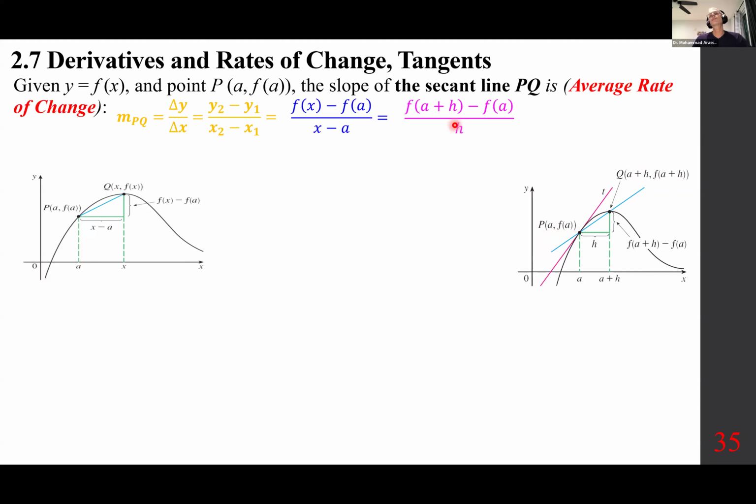These two are normally referred to as the difference quotient. Now, if we say this point has coordinates b, f of b, it becomes f of b minus f of a over b minus a. Meaning, they all refer to the same thing, rise over run.